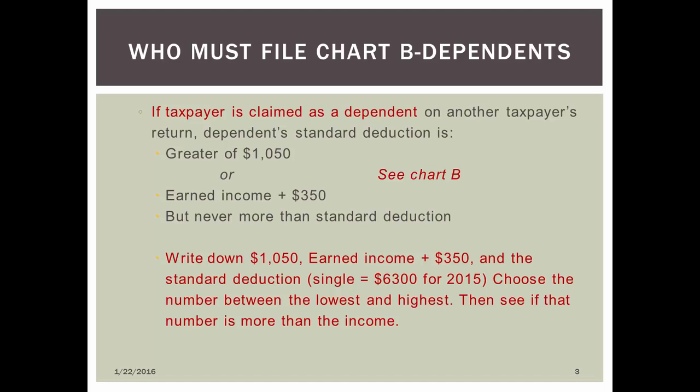Now remember, just because they don't have to file a return doesn't mean they might not want to. If they were a student working at McDonald's and only earned a few $1,000s, maybe they're not required to file, but if McDonald's took taxes out of their check, they would want to file so that they could get a refund of those monies.